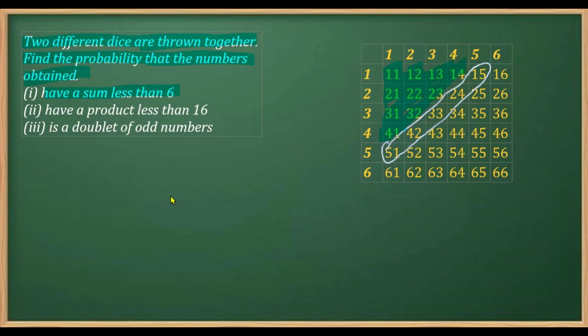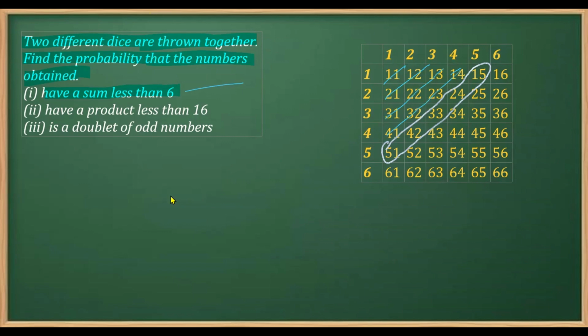So it's 1, 2, 3, 4, 5, 6, 7, 8, 9, 10. So there are 10 numbers, right? You can see from here once again: 1, 2, 3, 4, 5, 6, 7, 8, 9, 10. So 10 of them.